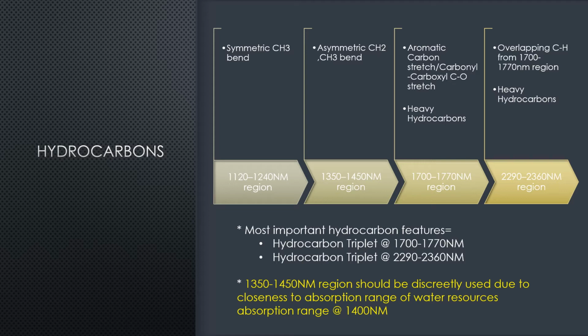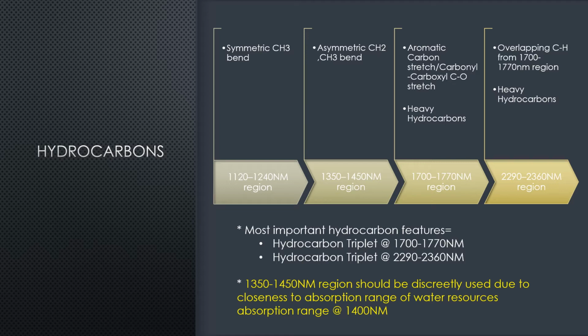Although hydrocarbon features are present at the 1120 to 1240 and 1350 to 1450 nanometer region, they should be used discretely because of the closeness to the absorption range of water at 1400 nanometers, and also due to the light hydrocarbon tendencies of the 1120 to 1240 nanometer region.